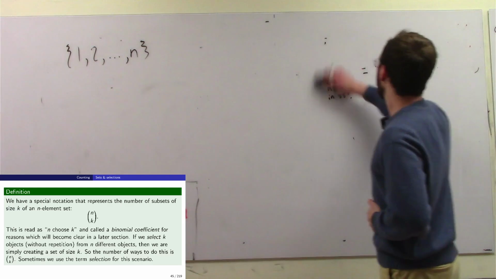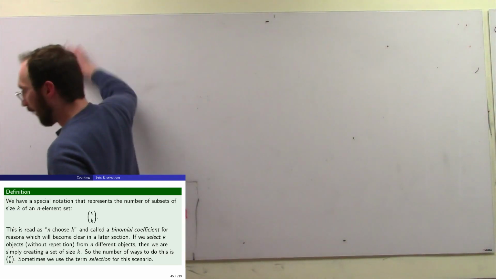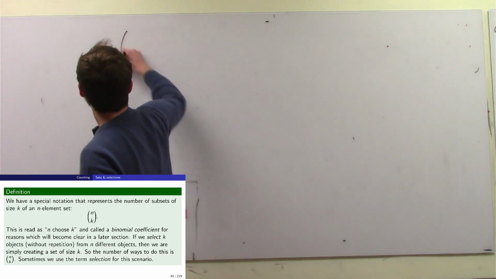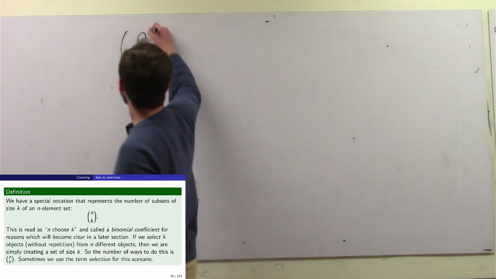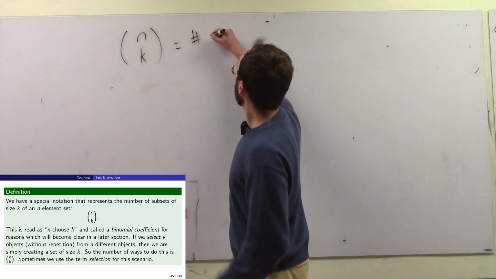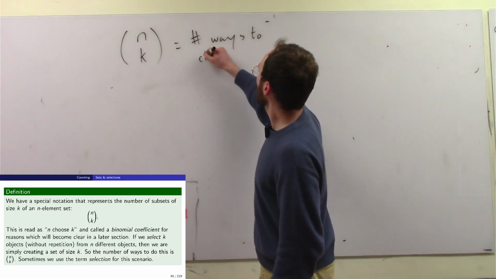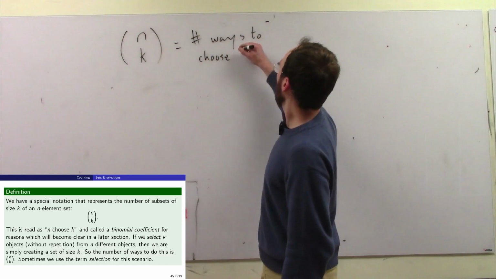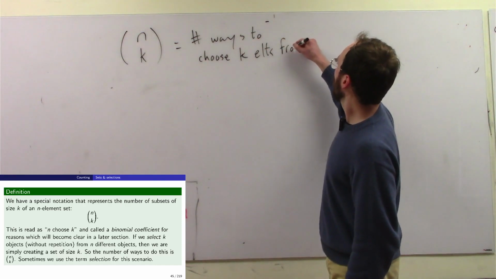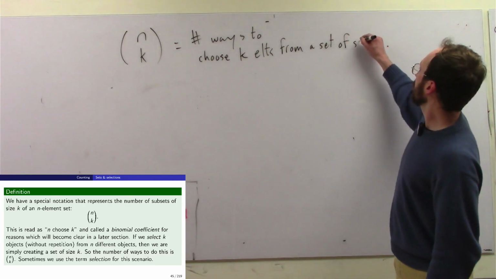So let's compute a few values of n choose k. Let's write this down. n choose k is the number of ways to choose k elements from a set of size n.